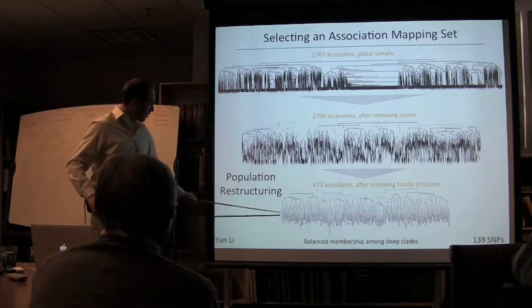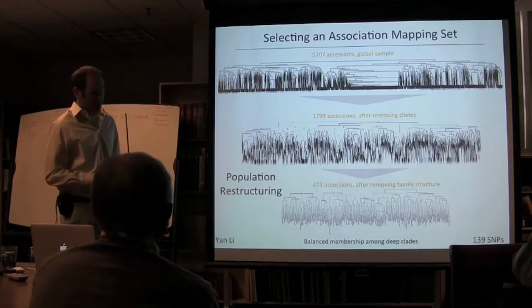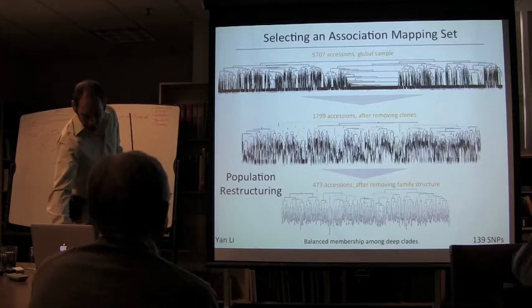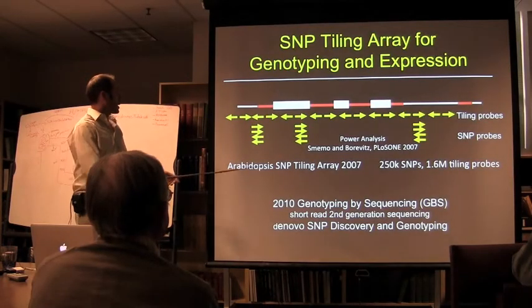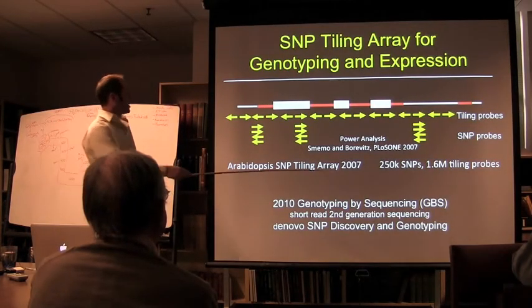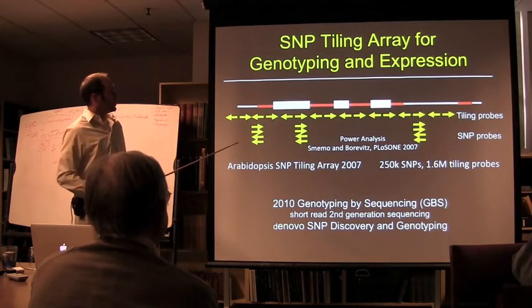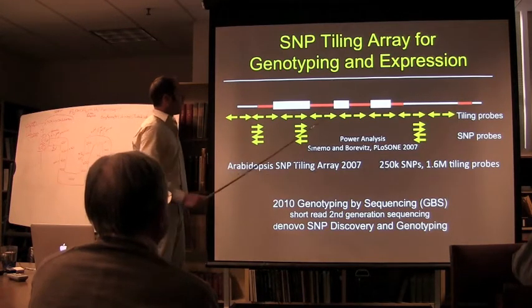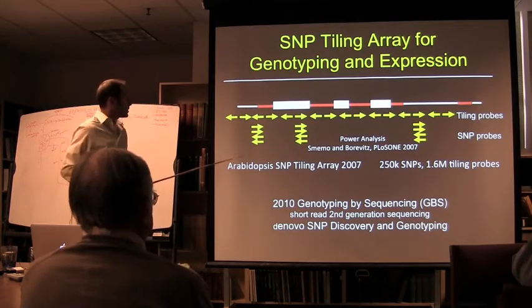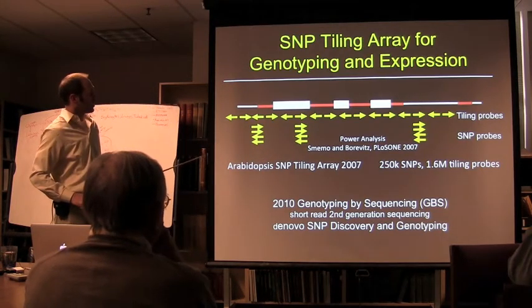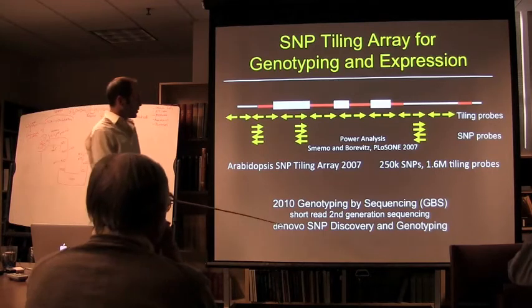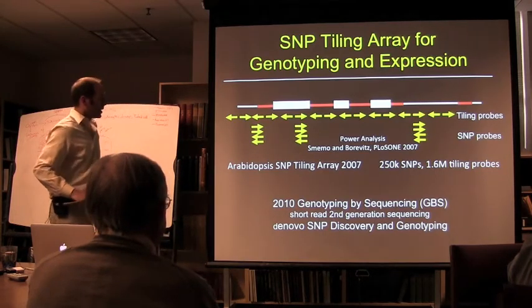So this we call the global HapMap set, and lots of people have ordered the lines. We took, at the time, a custom SNP tiling array, which was the tool of choice. It's 250,000 common SNPs here from a resequencing study, a Perlegen array-based resequencing study. So we knew these were going to be good markers, and now we're doing this with next-gen sequencing.